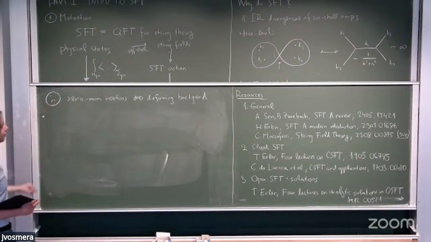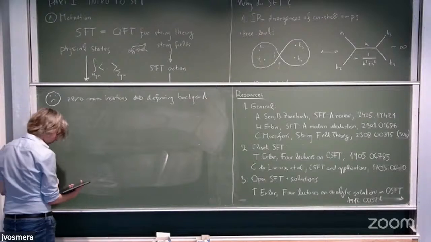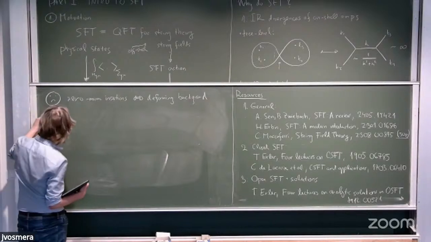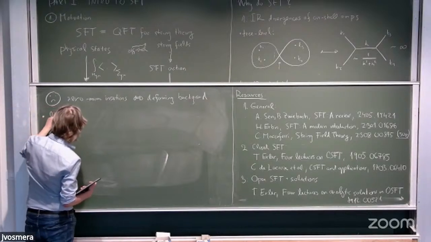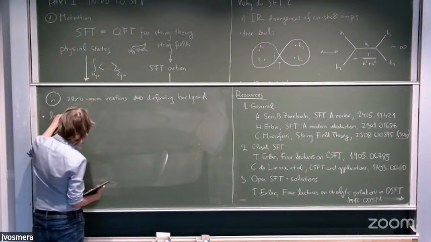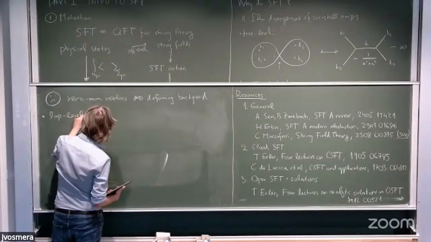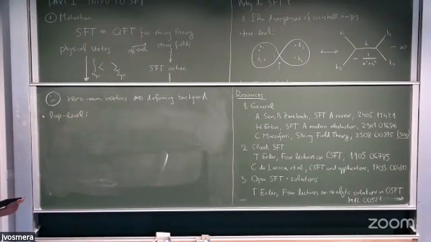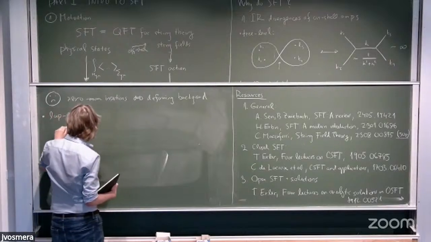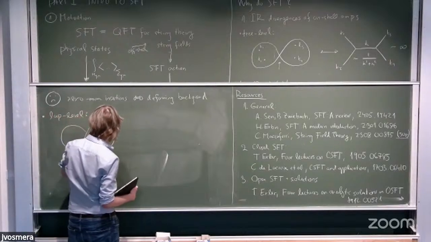So this was an example of an IR divergence which you would have obtained in the usual worldsheet approach, even at tree level. But then when we go to the loop level, the situation gets even worse. There you'll see that we can get IR divergences even at generic momentum. So for that, let me draw the following Riemann surface.